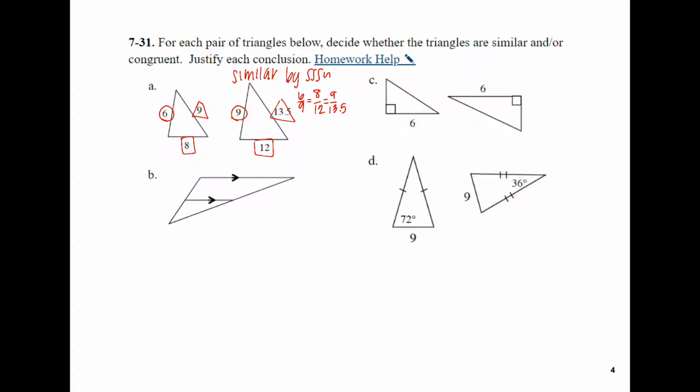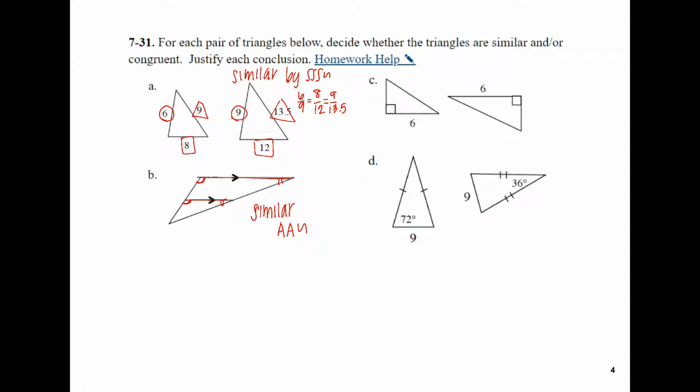When we look at letter B, when we have two parallel lines, we know that the corresponding angles are congruent. So we can say that this is similar by the angle-angle similarity theorem.